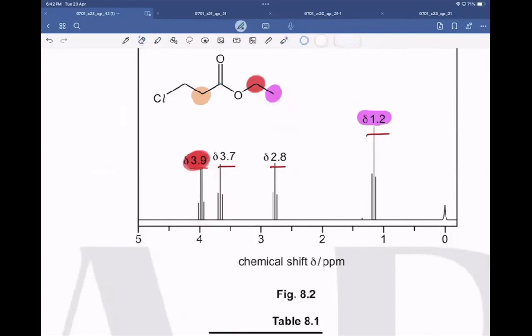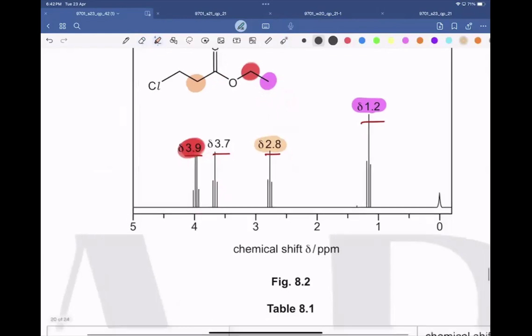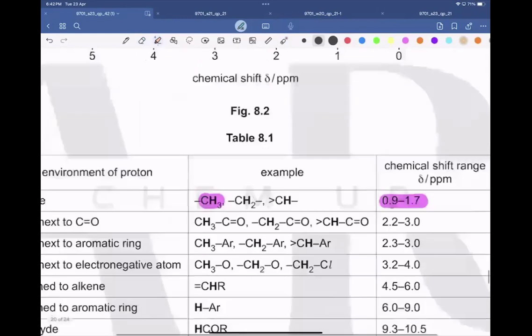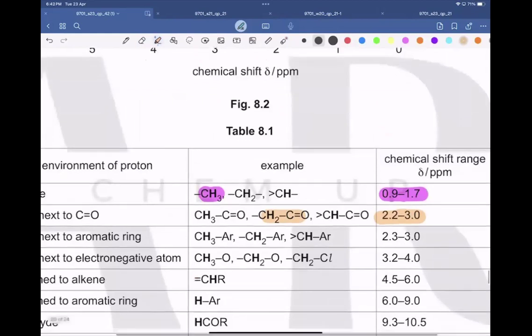The 2.8 is basically this one, because an alkyl group next to a carbonyl has a value between 2.2 and 3.0, and next to an electronegative element is 3.2 to 4. So we are getting 3.9.